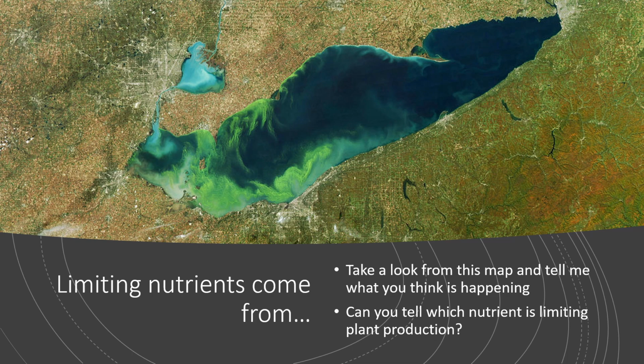But clearly it has something to do with the application of nutrients from, in our case, agriculture, and also from urbanized areas. Those two will contribute significantly to the availability of nutrients in the system. They are no longer going to be limiting as a nutrient, and phytoplankton in those systems are going to respond. Again, this is a lake system, and I understand that, but the processes are going to be very, very similar in stream systems.